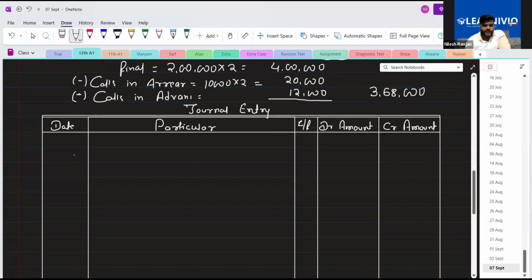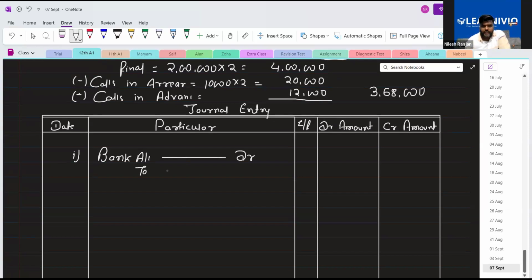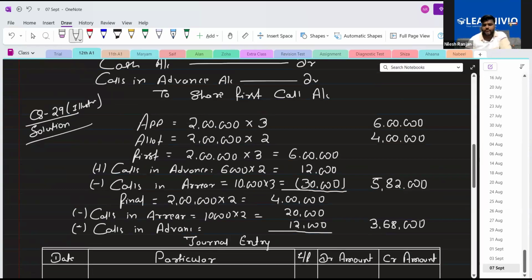Now the journal entry. So the first entry, bank account debit to share application. Okay, actually, first you should write this working, because the journal you can write along with me. These things we have already discussed, so the explanation will be less. That's why you can write the journal entry along. Please write this working part first.